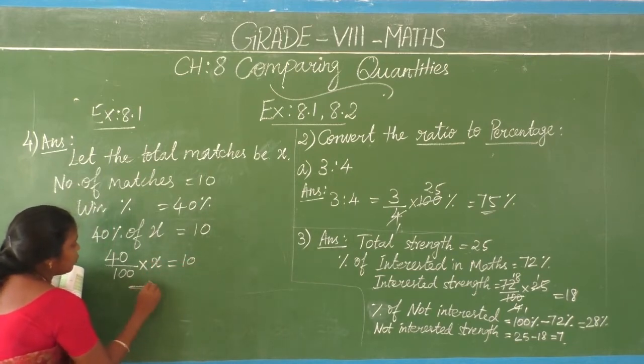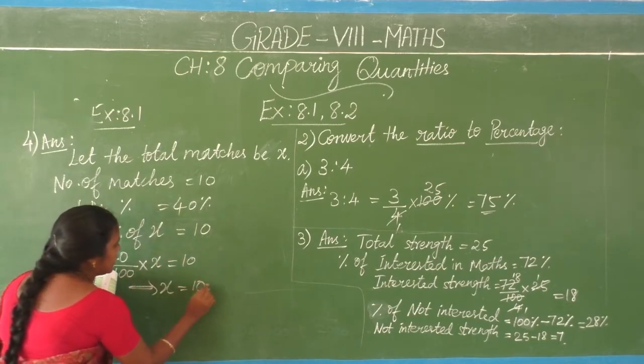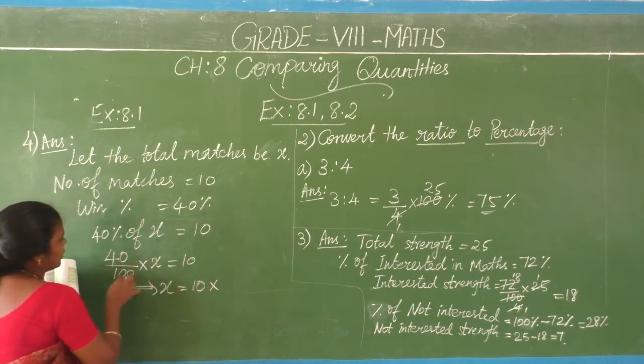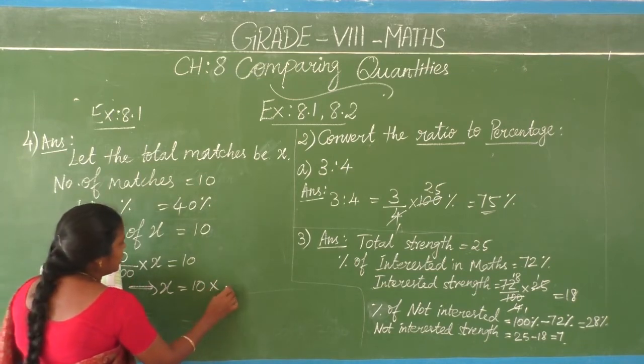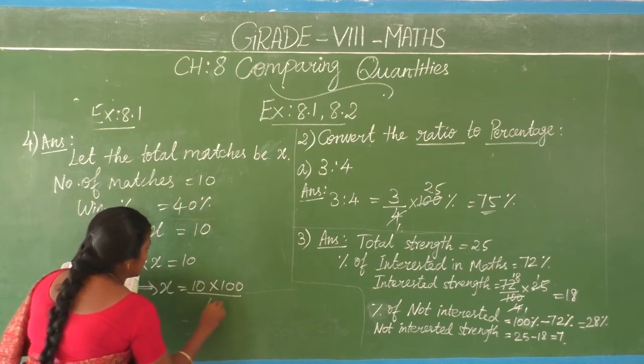So if you want X, you can take the reciprocal of this fraction to that side. So 10 into, how 40 by 100 goes reciprocally while shifting to the opposite direction, 100 by 40.